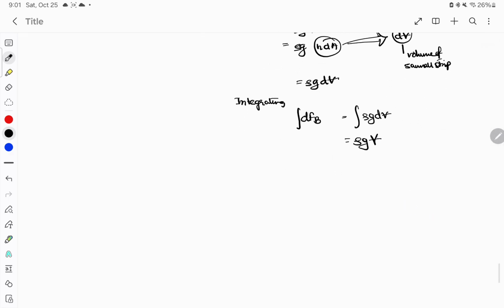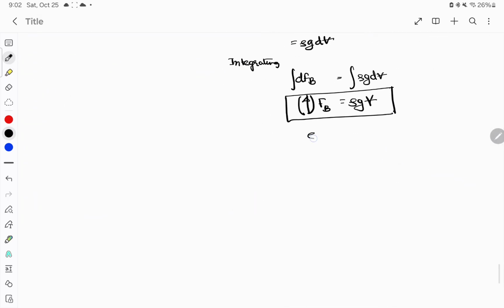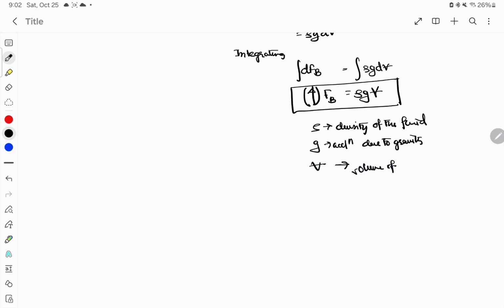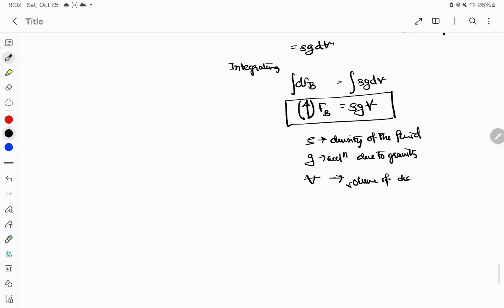But we should remember that in the total buoyant force in the upward direction, rho is not the density of the body, it is the density of the fluid, g is the acceleration due to gravity, and finally V is the volume of the displaced fluid, or you can say the volume of the body also, since the volume of the body and the volume of the displaced fluid will be the same.